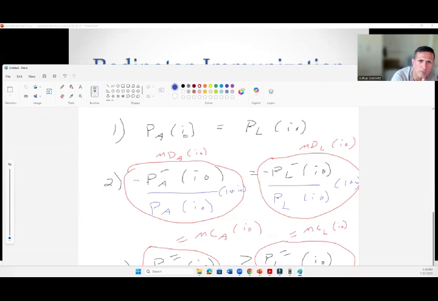Now all of a sudden this is Macaulay duration. So the Redington conditions, at least the first two, can be written as matching the present value of liabilities and assets, and matching their Macaulay durations.